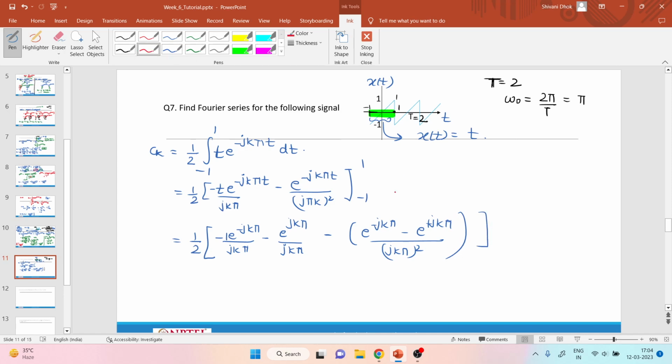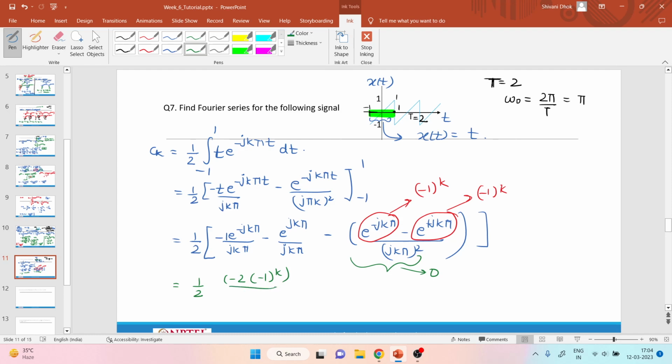Now if I consider this factor here, this is equal to minus 1 to the power k. This is also equal to minus 1 to the power k. So this entire term goes down to 0, and this I can write as minus 1 by 2 into minus 2 times minus 1 to the power k upon j k pi.